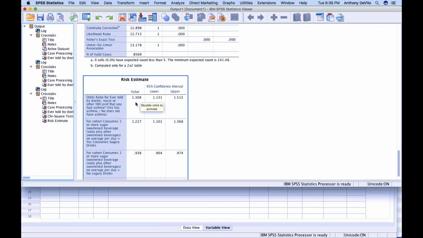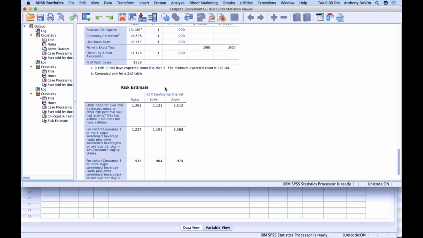Now, the alternative hypothesis is that the odds ratio is not equal to 1, that there is a greater frequency or rate, or risk, for people who have asthma to be drinking sugary drinks. Okay, so that would be expressed as odds ratio does not equal 1. So in this case, in both cases, we can reject the null hypothesis because we can see our 95% confidence interval does not include the number 1.